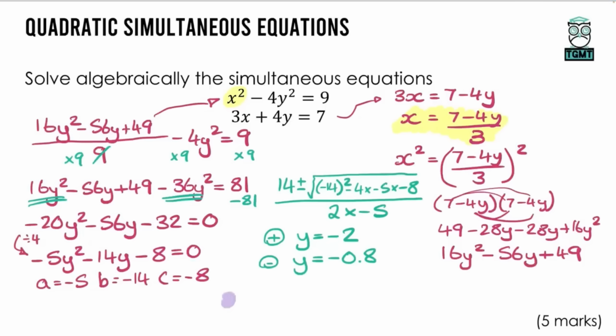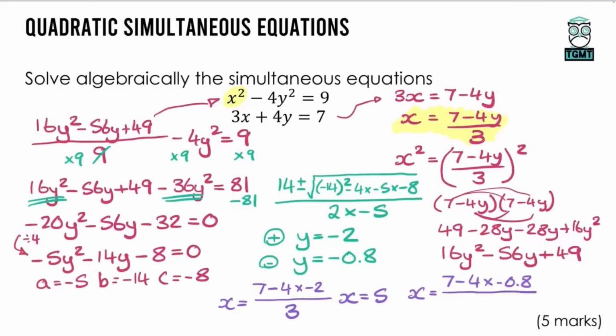So x is going to equal 7 take away 4y, so 4 times negative 2, all over 3. And in that circumstance, we get x is equal to 5. And for the next one, we have x is equal to 7 take away 4 lots of negative 0.8, again all divided by 3.